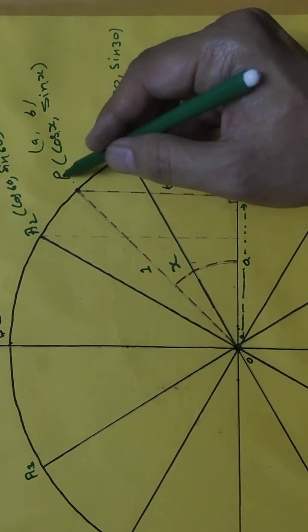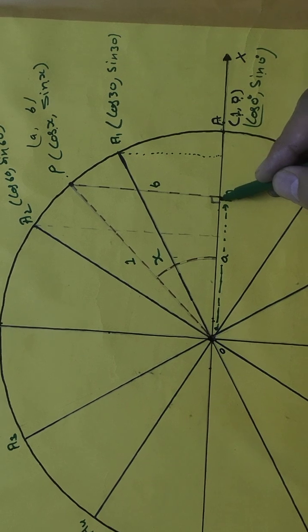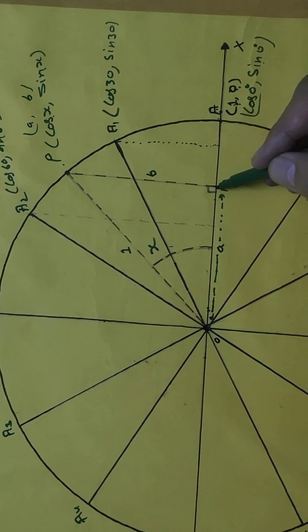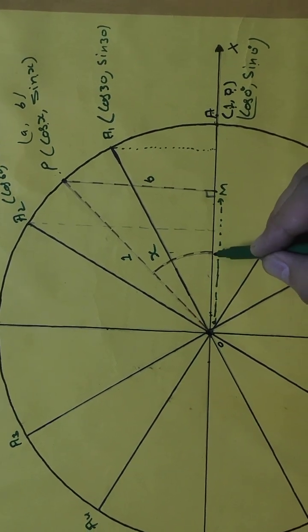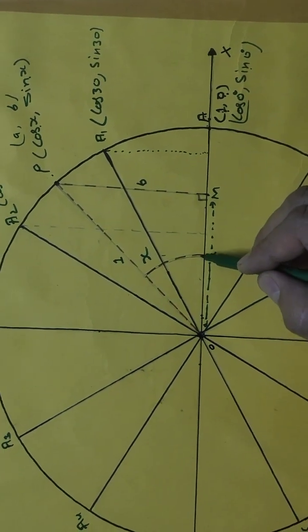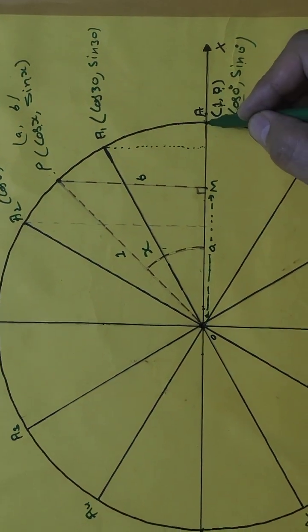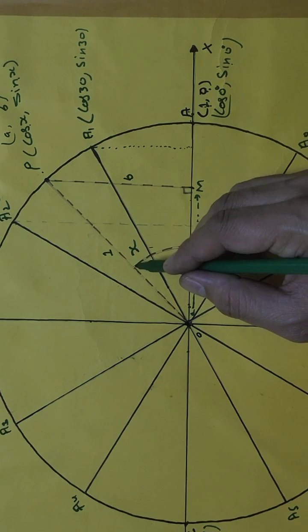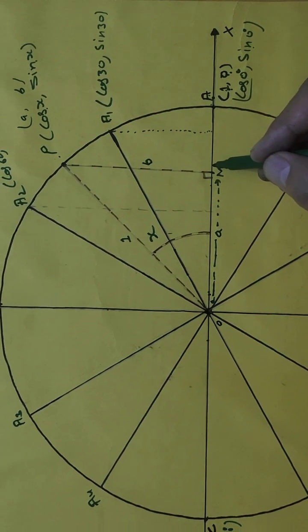So in this triangle POM, this triangle is a right angle triangle, as you know from lower class, and suppose this angle is x, meaning P starts rotating from here and describes an angle x with positive direction of x axis.